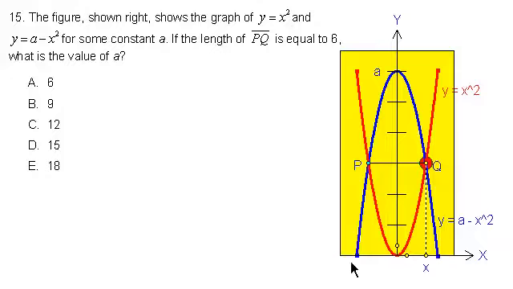Here is the important thing: the two graphs are intersecting at point P and point Q, and at those two points the y value of both functions is the same. Watch this.